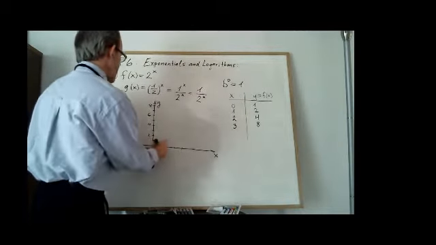On the other side, for negative values of x, exponents which are negative can be rewritten in terms of positive exponents by putting that number in the denominator with the absolute value of that exponent.